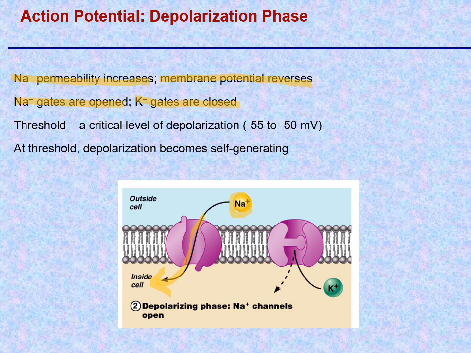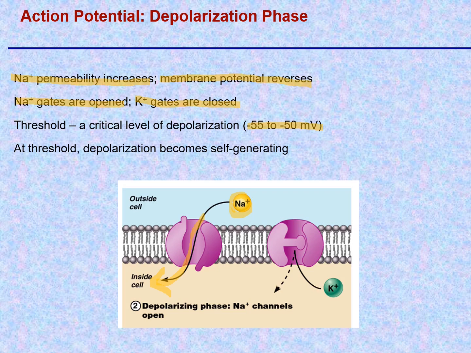It hits threshold, and threshold can be at -55 to -50. Remember, the resting membrane potential was at -70, so it's become less negative, more positive, in other words, but less negative is an appropriate way of saying it.